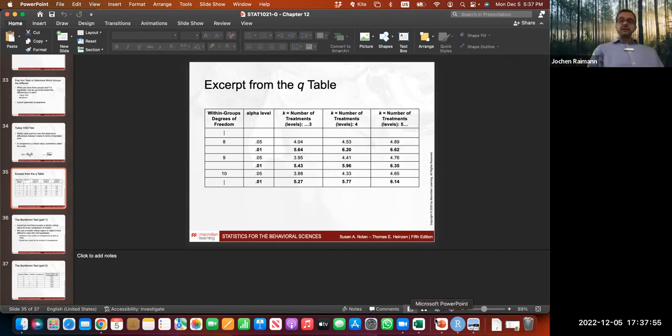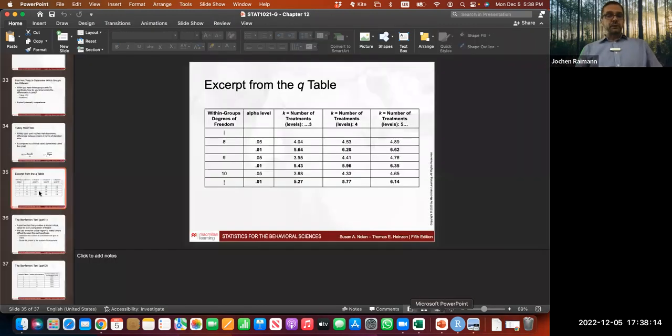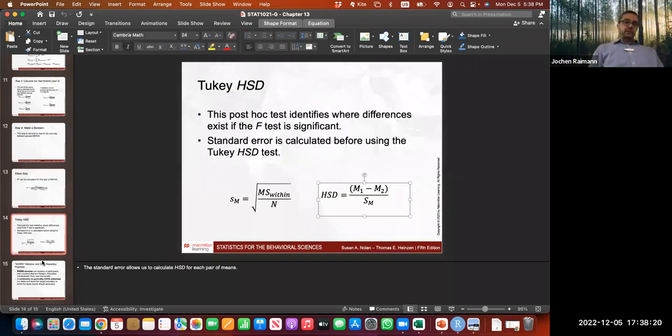But basically, these are the Qs that you would then compare against your Q table, and based on that, you would see that there are differences. So you see that the Q is larger for M2 versus M3 and M1 versus M3. Then you would just need to compare this against the Q table that I wish Norton and Heinzen would have provided us with, but they didn't. So this is the ANOVA within groups comparison.